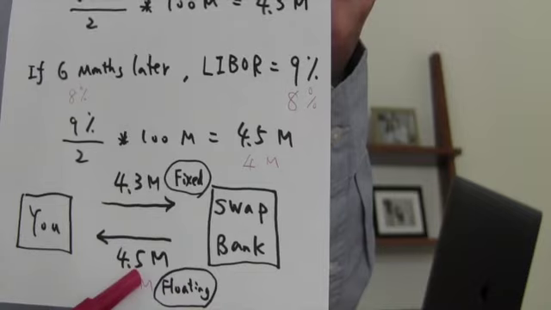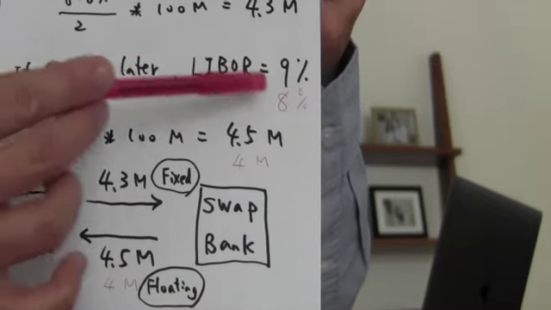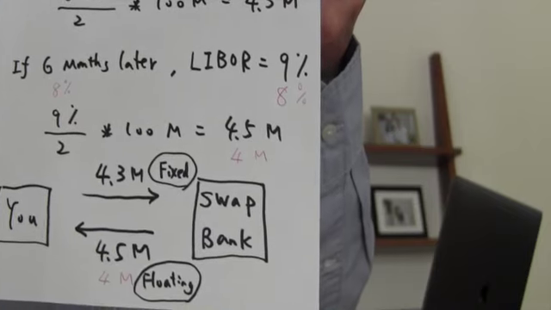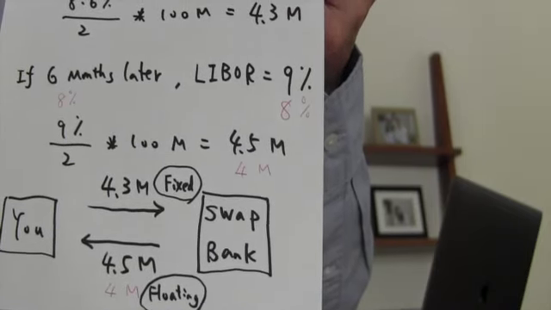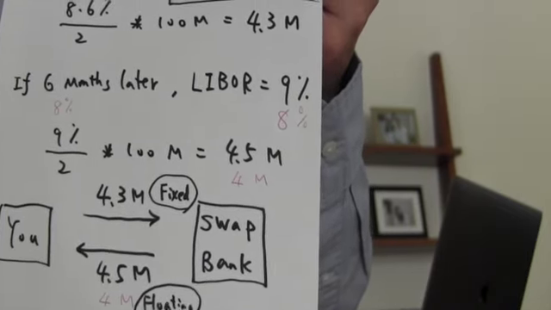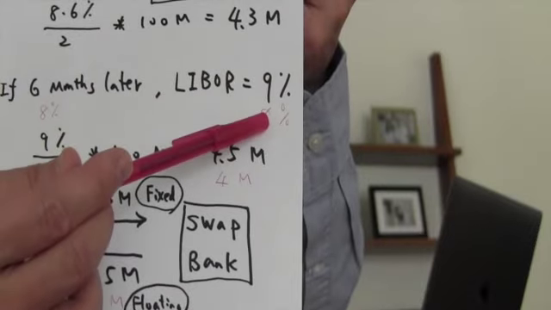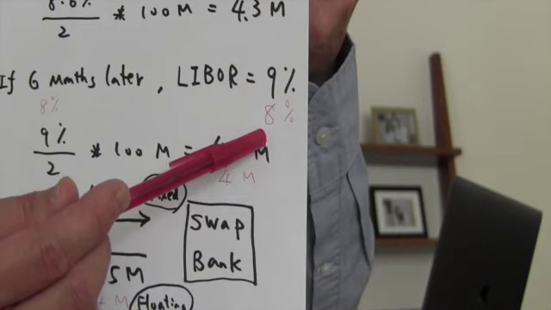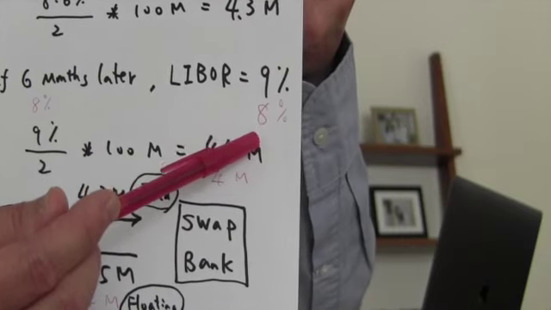Let's assume a different scenario, because this is a floating rate. The interest rate could be 9%, could be anything. Let's assume that 6 months later the LIBOR turned out to be 8%, shown in red. Then what happened?